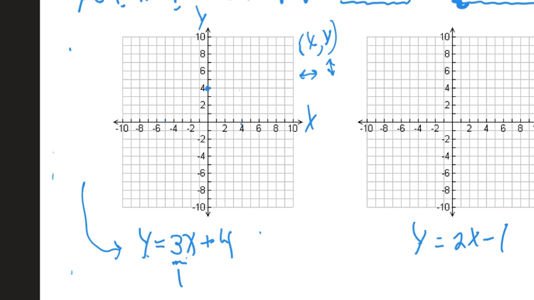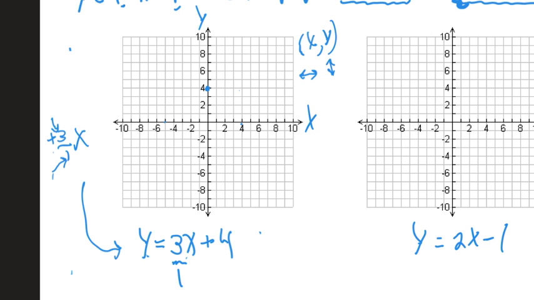It means when you have that, the number in front of the x, it means that you're going to go up or down this number and over this number. So I'm going to go up because it's positive 3. I start at my y-intercept. That's a nice place to start. We already made it at 4. So we'll start at the 4 and we'll put our pencil or pen on the 4.